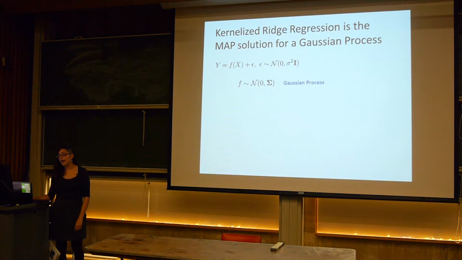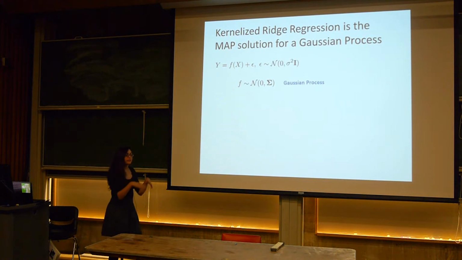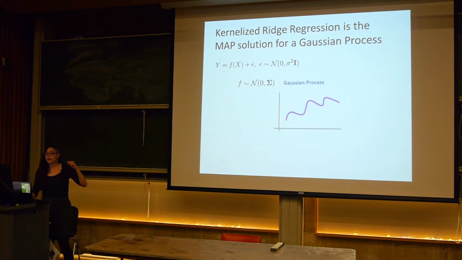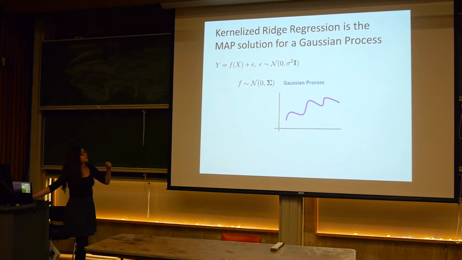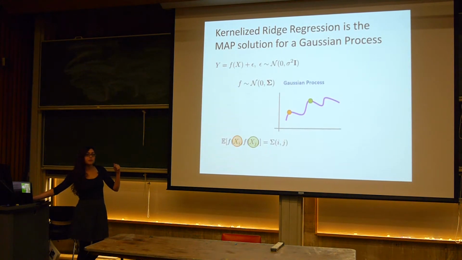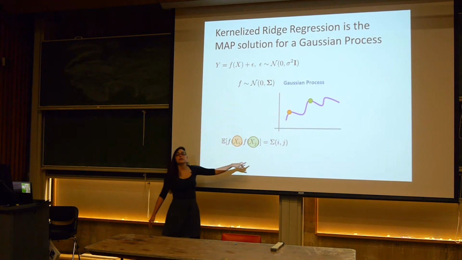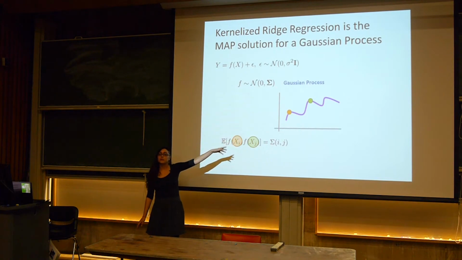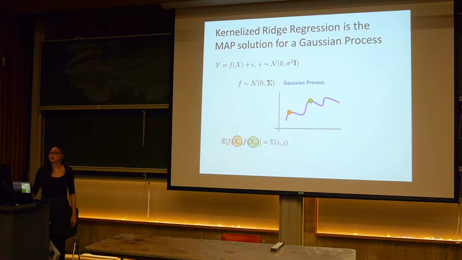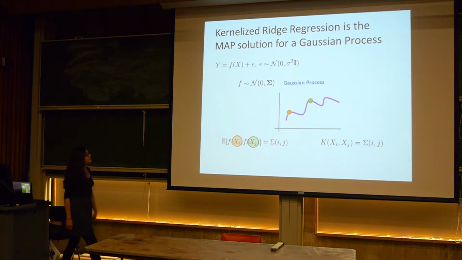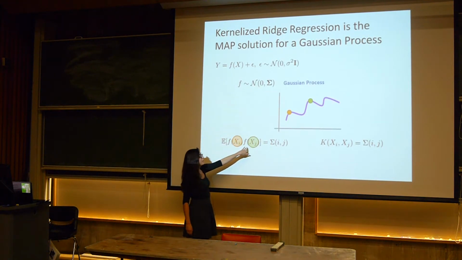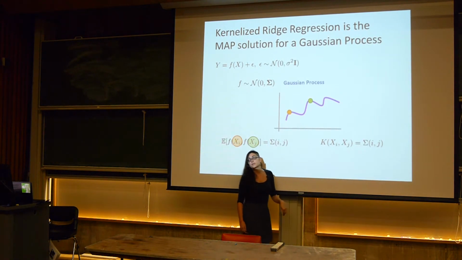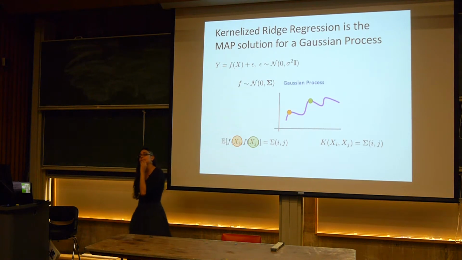It means that I have a set of functions, for lack of a better word, and I draw f out of it, and I know that f has this cool property: if I take any 2 points on f, I know what their covariance is, what their relationship is. It's described by the covariance of the stochastic process. And given that this is an inner product between 2 points characterizing this covariance, I can replace it with a kernel. Yes? What's the size of the covariance matrix here?